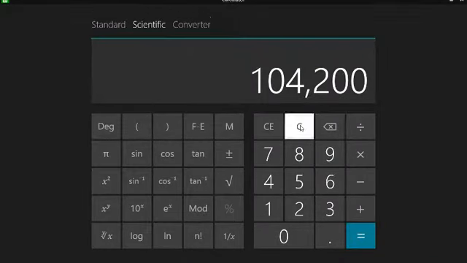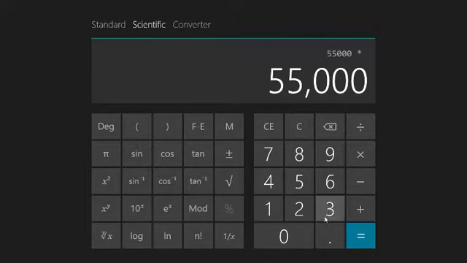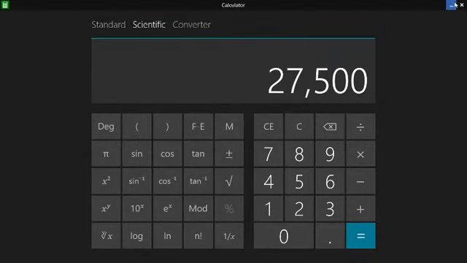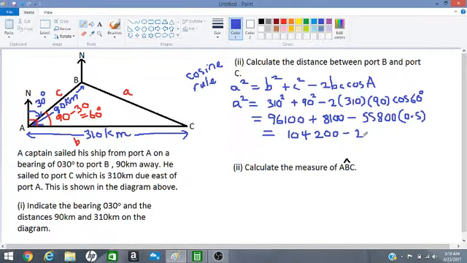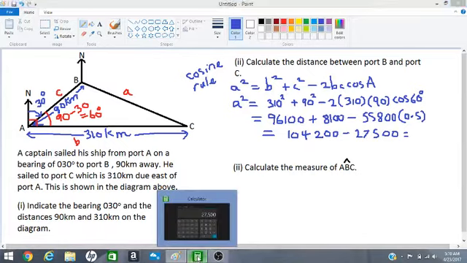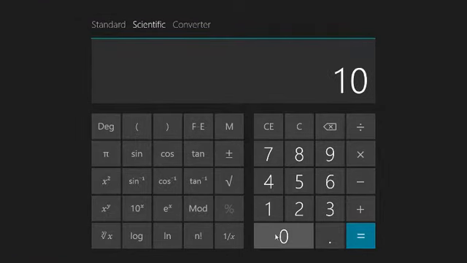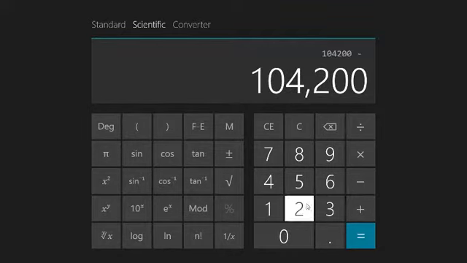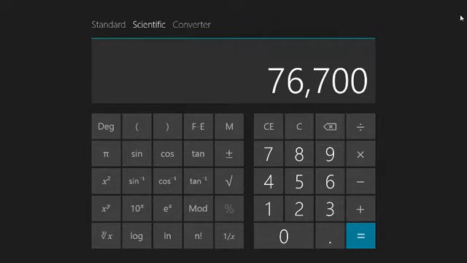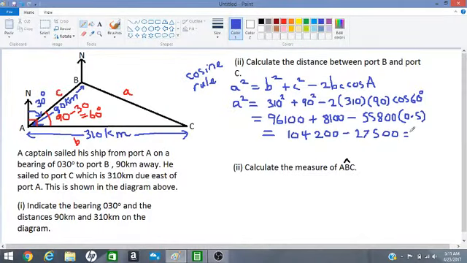Let's do that. 27,900. That is equal to 104,200 minus 27,900, which is 76,300, and that is equal to a squared.